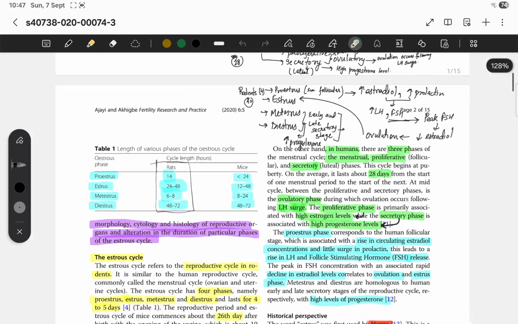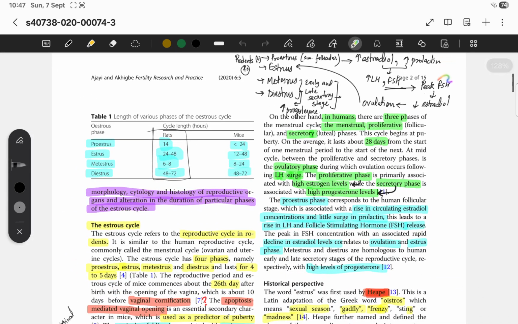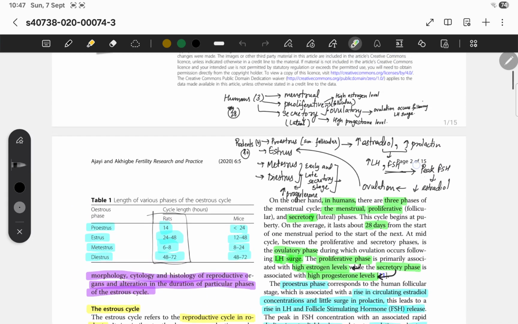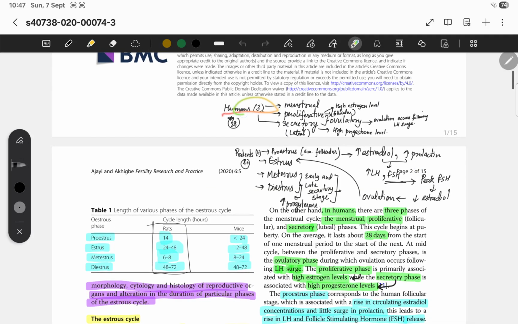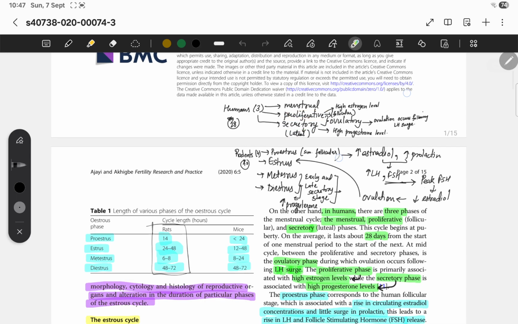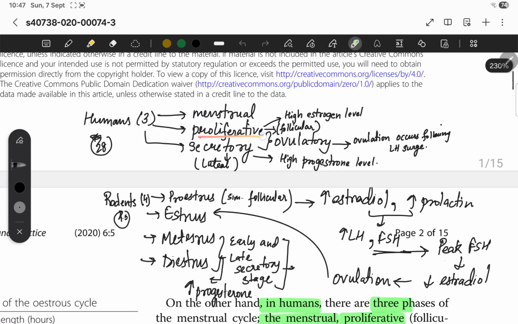So here they are showing the similarities. First they are talking about humans. They have 3 phases: menstrual, proliferative and secretory. The proliferative is also called follicular, and secretory is also called luteal.